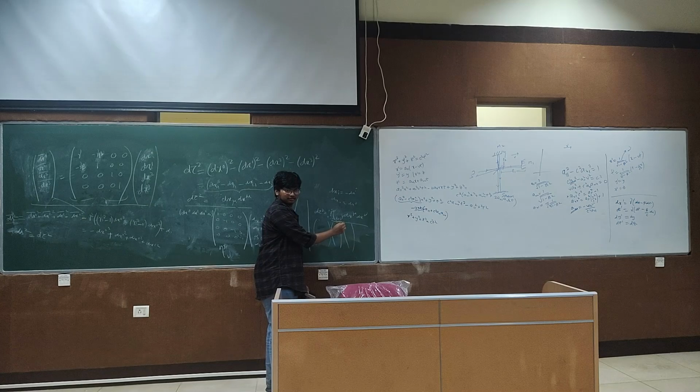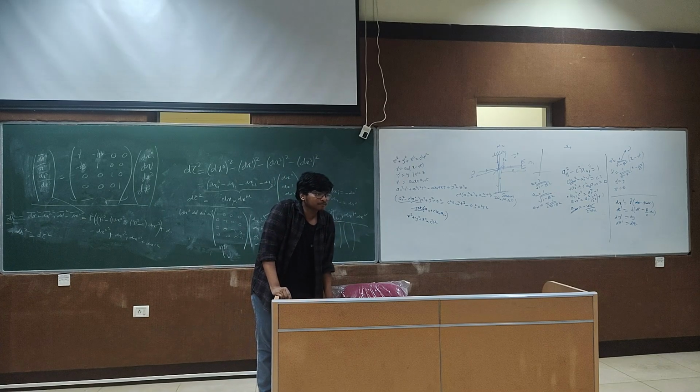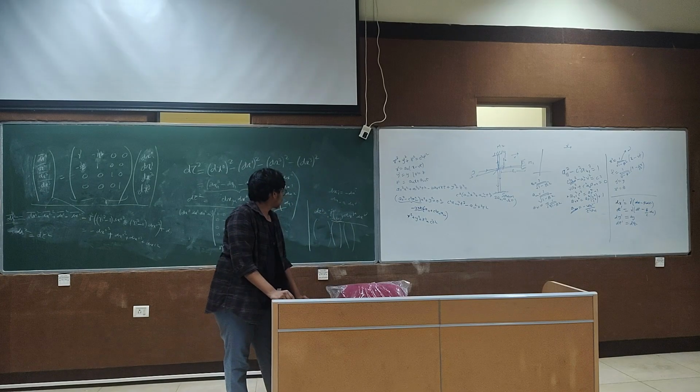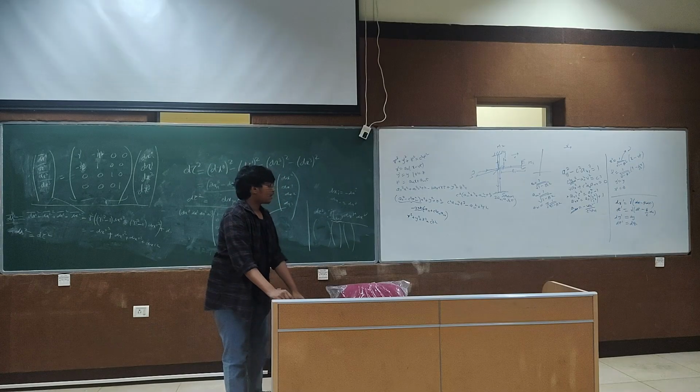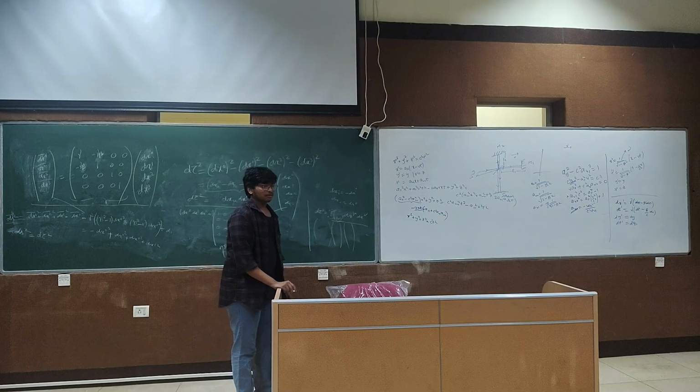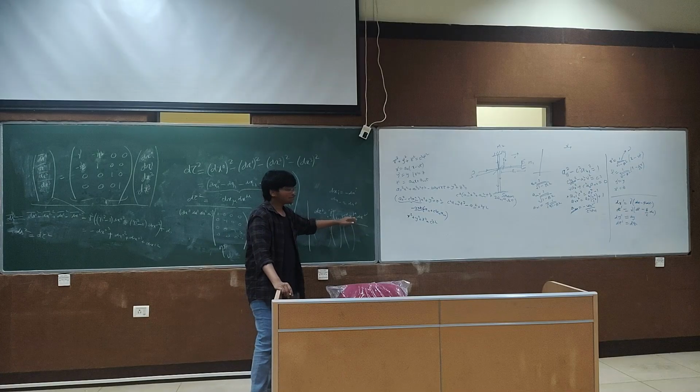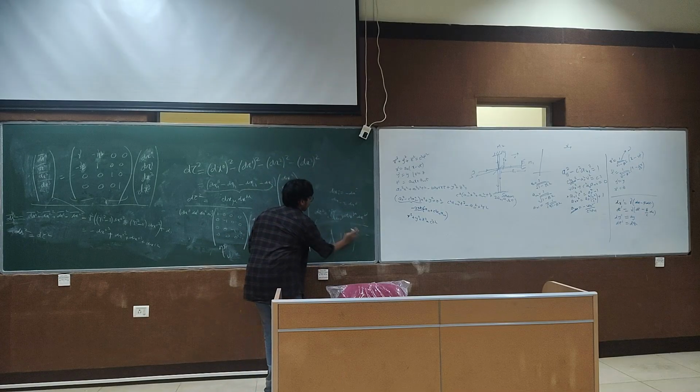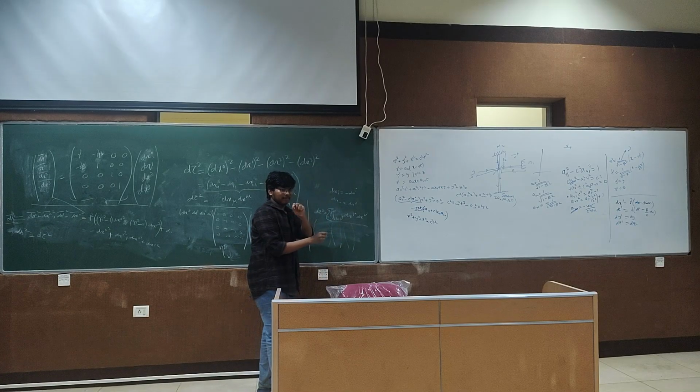Fine. Beta commutes with dx. You just change the position. So dx mu, like so. If I write it in the normal sigma notation, you will be multiplying numbers everywhere.